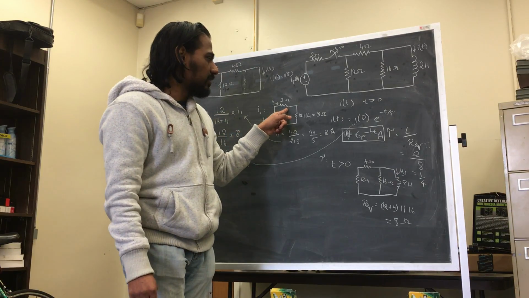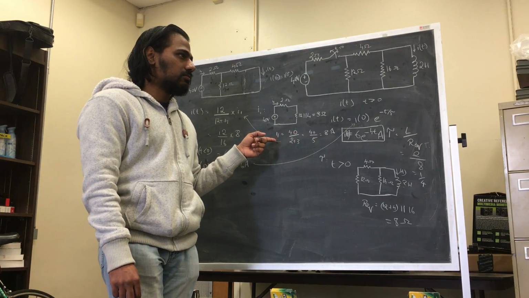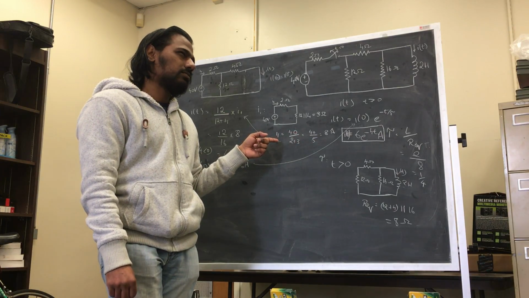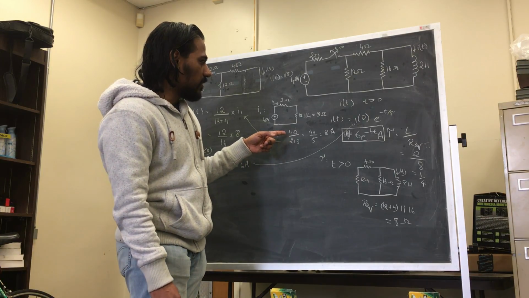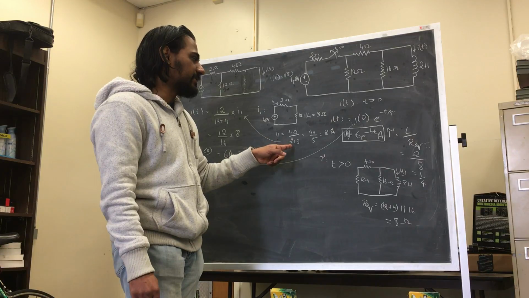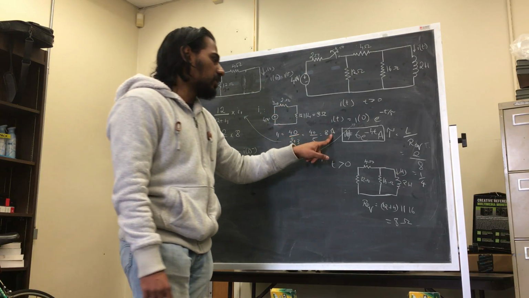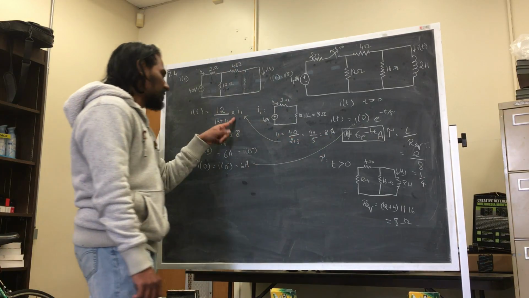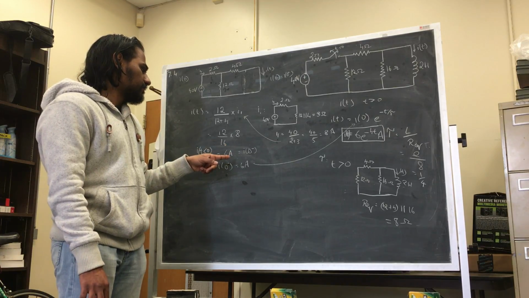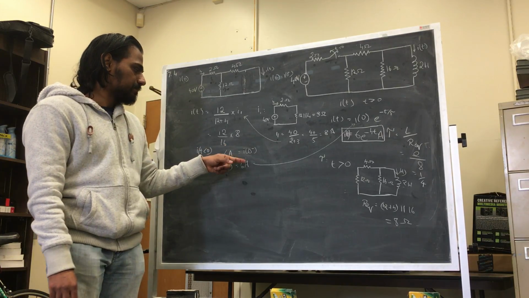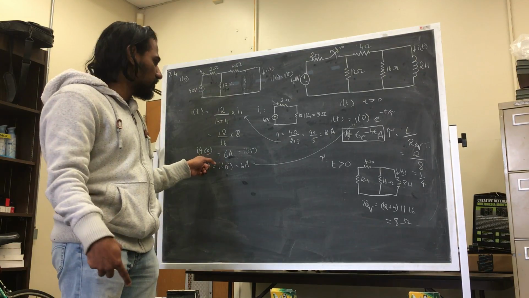You can just combine the 2 ohm resistor and the 3 ohm resistor and apply I equals V by R. Voltage is 40 and the resistance is 2 plus 3, since they are in series. So you get I1 as 8 amperes. Substituting in this equation, you get i(t) as 6 amps. So that's the current when t is less than 0.